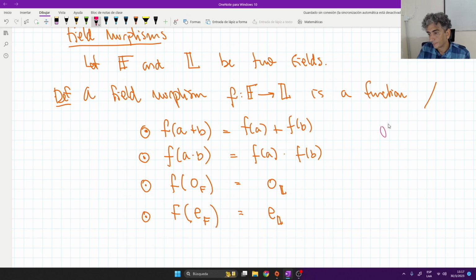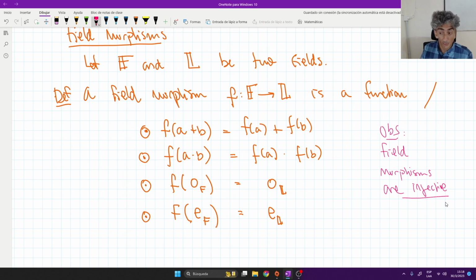Observation: field morphisms are injective. If you don't remember what injective means, just don't worry, we're going to have a different video talking about functions. We're going to explain that in more detail.